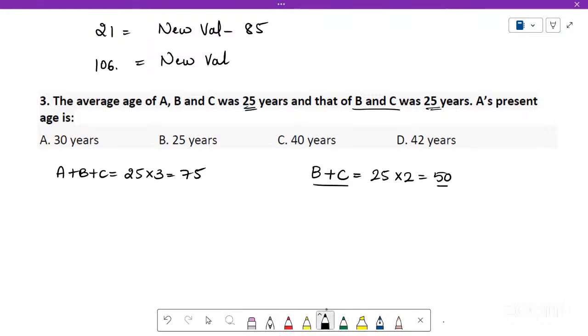So B plus C is 50. We substitute that here: A plus 50 is equal to 75. So A's age is 25. We were supposed to find the age of A, which is 25. Understood?